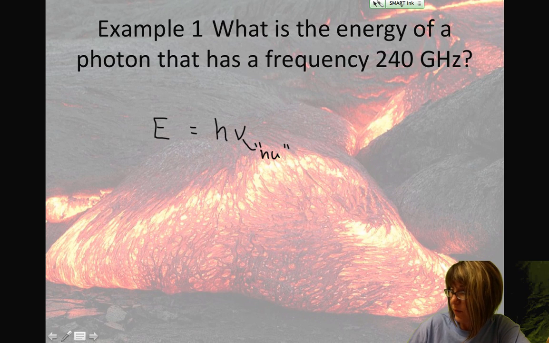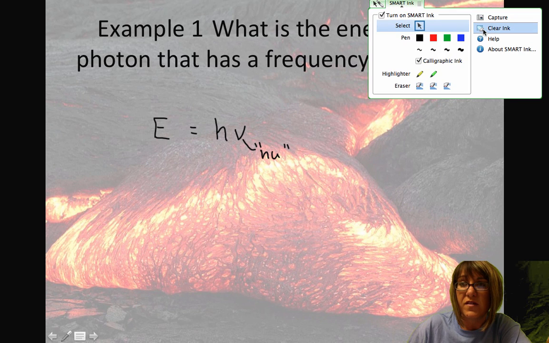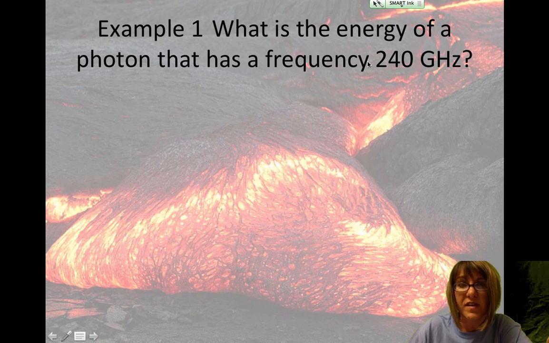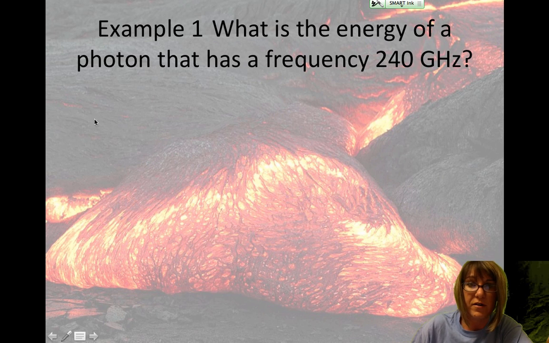So let's do an example problem. What is the energy of a photon that has a frequency of 240 gigahertz? You maybe have heard of gigabytes on your computer, so gigahertz, that's a really high frequency, right?